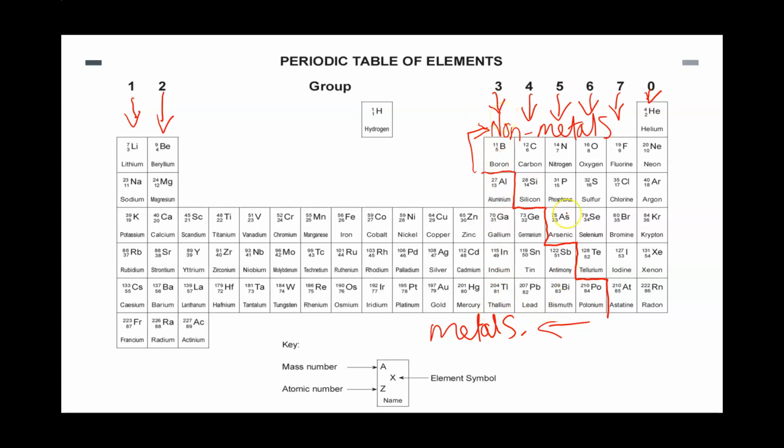Group 4 has 4 electrons, and you get the gist. And that is the same with every group other than group 0. Group 0 has 8 electrons in its outer shell. So group 7 has 7 electrons. The only exception to the rule is group 0, which has 8 electrons in its outermost shell, and that is the same for all of them.